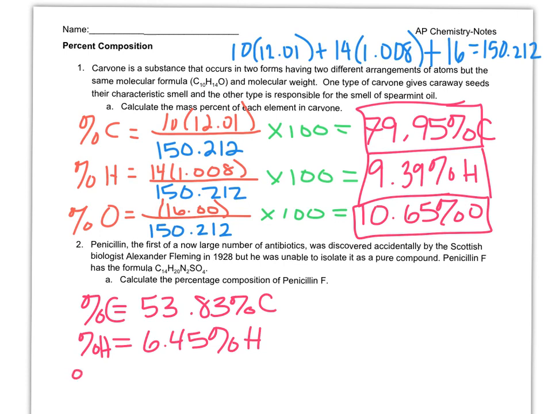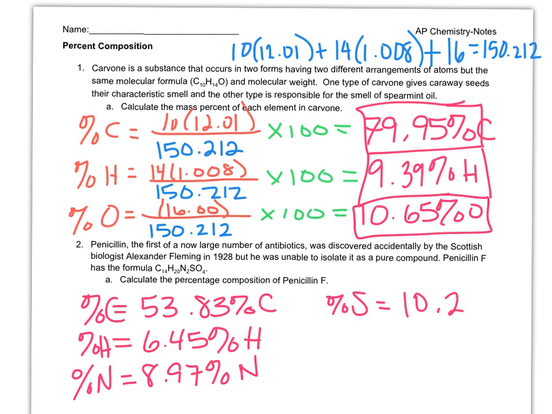Percent nitrogen, I get 8.97%. Percent sulfur, I get 10.26%. And percent oxygen, I've got 20.49%.